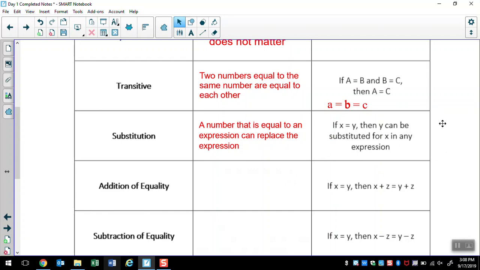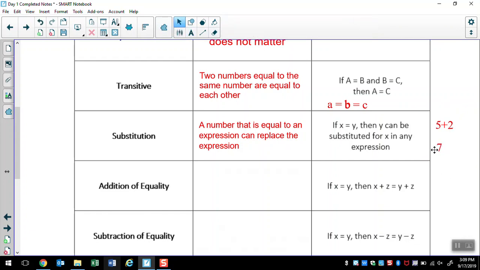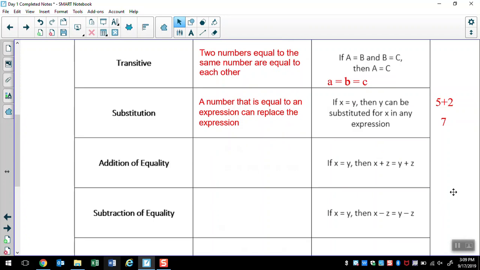Sometimes we'll see, like if you complete a math problem, we consider this to be substitution. If I said 5 plus 2, and then we give the answer 7, right? I just substituted that 5 plus 2 with the answer 7. So we consider that to be substitution.